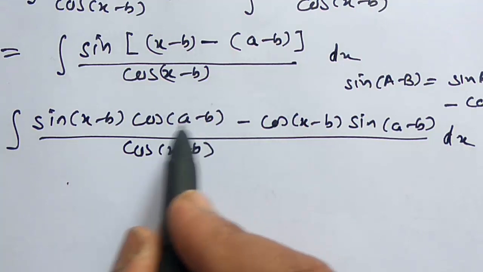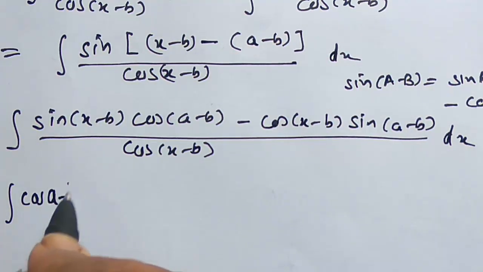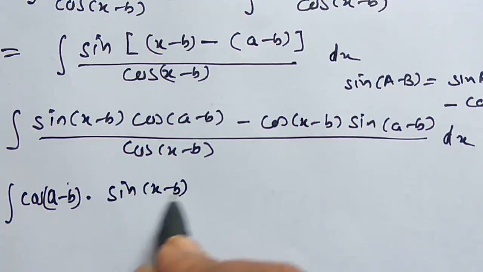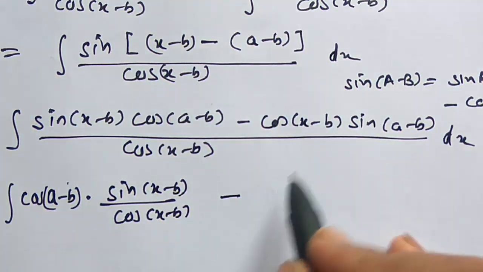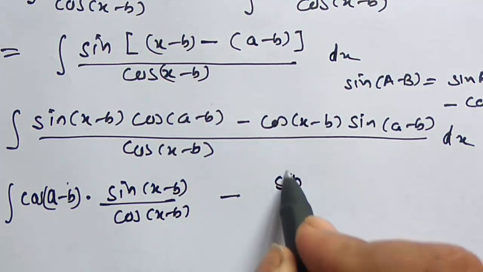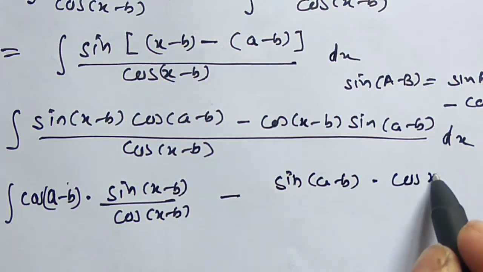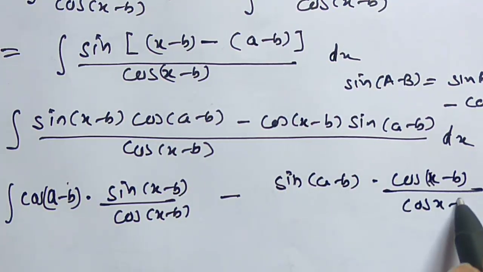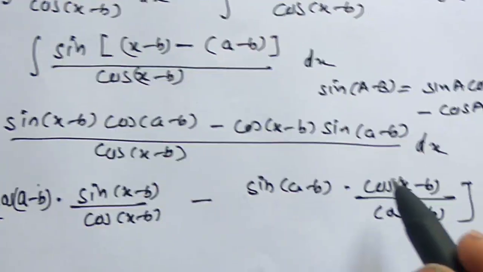Here a is constant, b is constant, so cos of (a minus b) is constant. So integration of cos of (a minus b) into sine of (x minus b) upon cos of (x minus b) minus sine of (a minus b), which is constant, into cos of (x minus b) upon cos of (x minus b) dx.